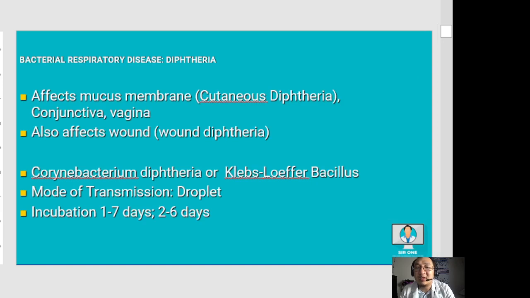So, diphtheria affects the mucous membranes and also wounds, if ever there are open wounds. Any mucous membrane possible for infection is affected, and it is caused by a bacillus, Corynebacterium diphtheriae or Klebs-Loeffler bacillus.